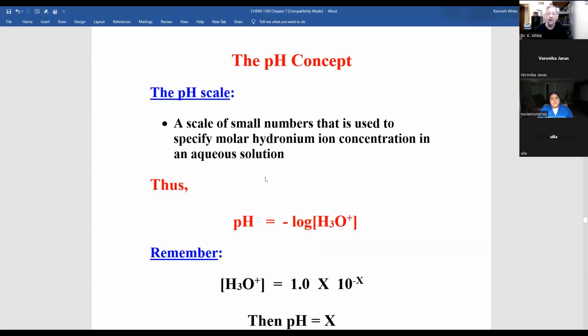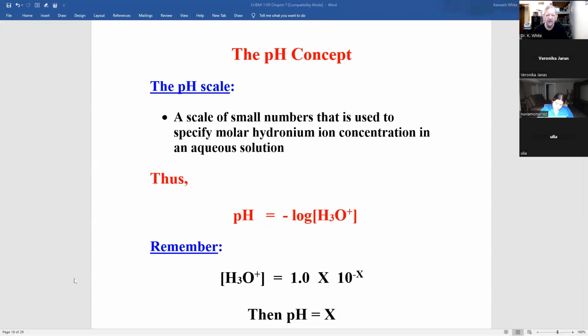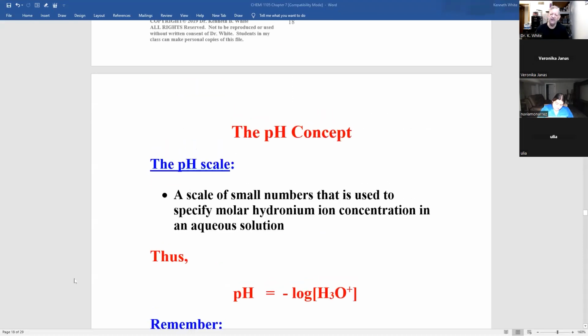Someone came up with what's called the pH scale. And of all the things that I'm going to teach you this semester, for your personal life, for your professional life, this is probably the most important concept I can teach you.